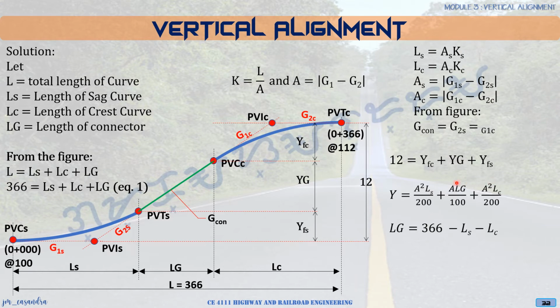With that, LG can be computed as 366 minus LS minus LC. Substituting this in the y equation, we arrive at this one, so we'll have only LS. Our equation is now in terms of LS and LC.